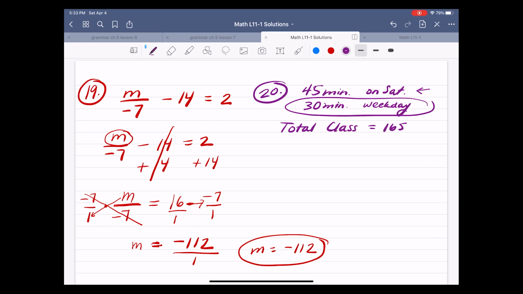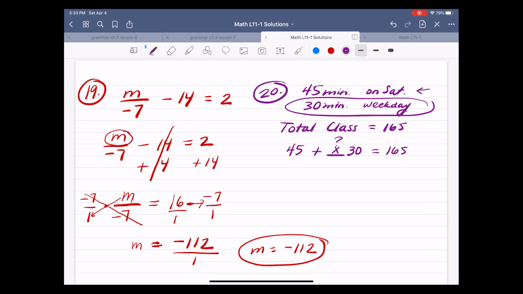So let's figure this out. We know that 45 minutes was the one Saturday class, and we know that they have a certain number of 30-minute classes. We just don't know how many 30-minute classes. That's our question. And we know that it all adds up to 165 minutes. So let's give the number of classes during the weekday a variable.